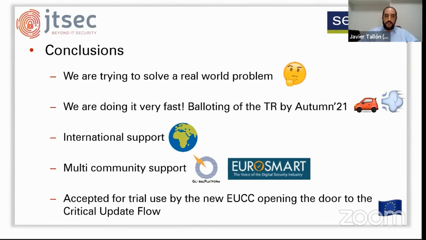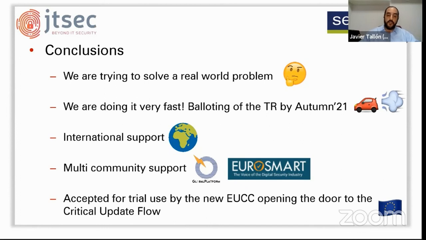Our third and fourth conclusions are directly related with the awesome support that we have received from the Common Criteria community, with contributions of experts all around the world, from the United States, Japan, Europe. We are also receiving input from other industry communities like GlobalPlatform and Eurosmart, which will guarantee that the ISO technical report will uphold their use cases.